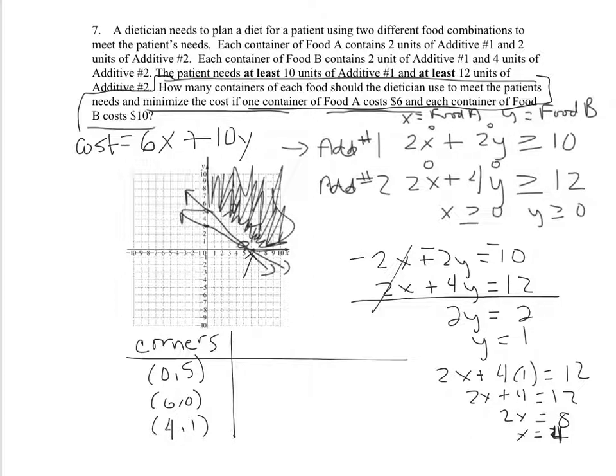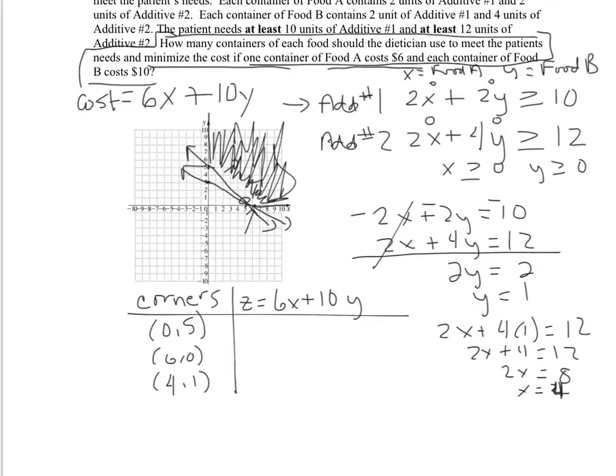So that's going to be my cost function. Z equals 6x plus 10y. Now, hopefully you're seeing a more practical use of why you would need to do this in a business setting. So let's see if we can inform the dietitian how she can do this.